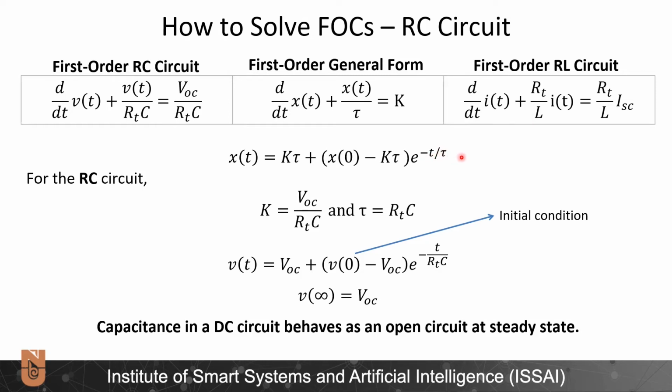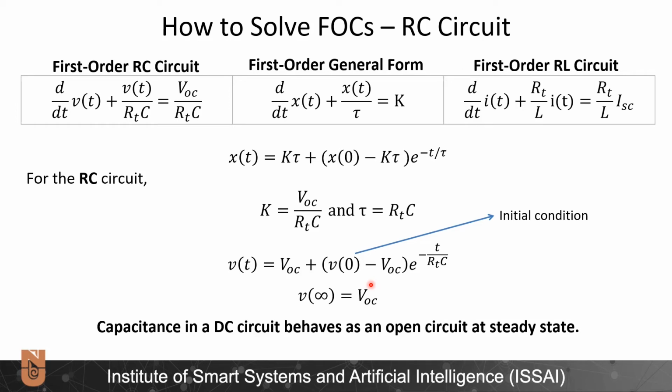Since the solution for the first order general form is given here, I can substitute instead of k, the open circuit voltage divided by R_T times C, and for tau, R_T times C, and find the general output form of the first order RC circuit, which is V(t) is equal to V open circuit plus, in parentheses, V0, the initial condition, minus V open circuit, times e to the minus t over tau, the time constant, which is in this case R_T times C.